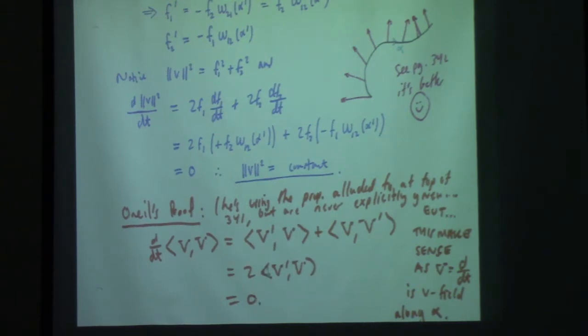I think this is okay, but technically we should really have a homework problem to prove the first line in O'Neill's derivation. I think my proof in purple is good, but I always like O'Neill's arguments. Anyway, moral of the story: parallel vector field, constant length.